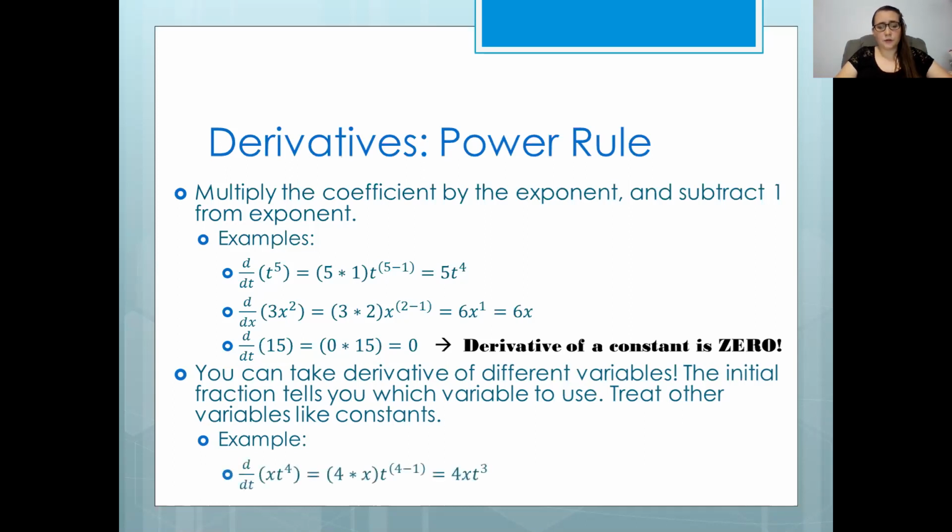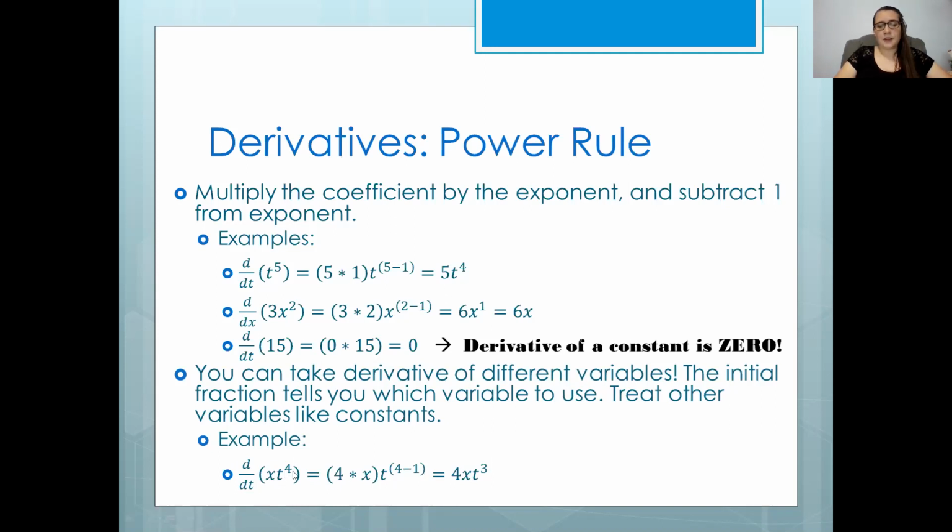So for example, if this is our function, x t to the fourth, you can see now we're dealing with two different variables, x and t, but our initial fraction tells us we're going to be taking the derivative with respect to t, not x. So we're going to treat x just like it's a constant, like it's part of the coefficient.